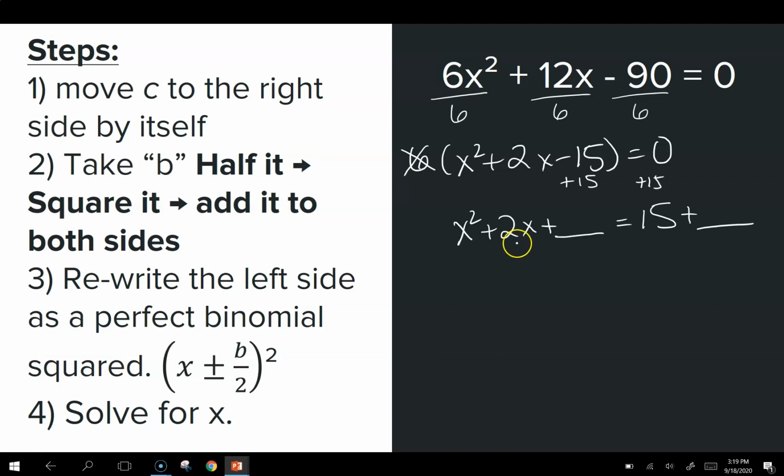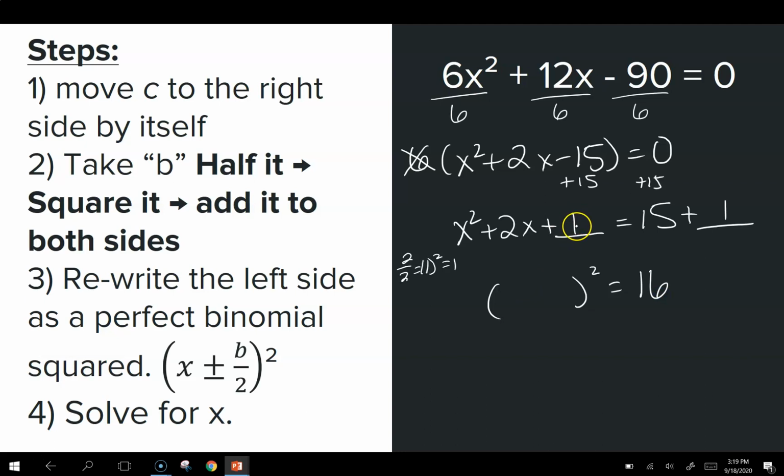Because this turns into a perfect square, right? I don't know what that is until I complete it right here. All right, take my b value, cut it in half, we get 1. Then we're going to do 1 squared to get 1. So we're going to add 1 to both sides. 15 plus 1 is 16.